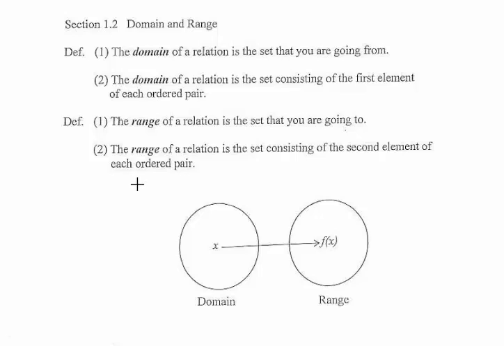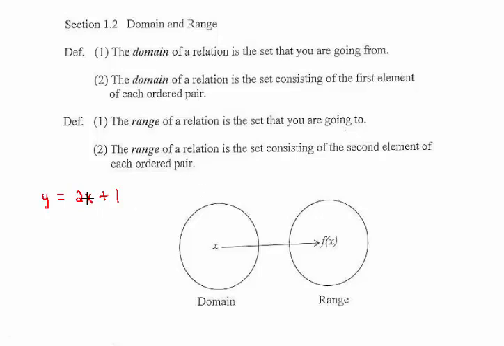This may seem kind of odd, all this talk about relations and functions, but you've actually already seen a lot of functions, even if you've only taken intro. One type of function that you've seen would just be a linear equation. For instance, let's say y equals 2x plus 1.